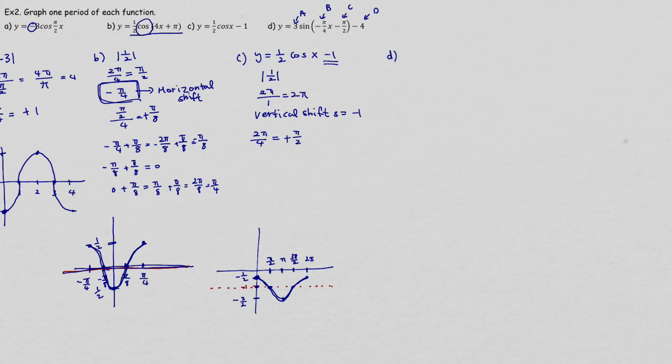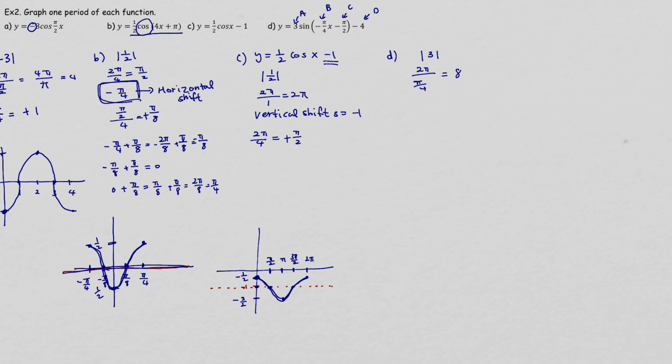Your amplitude is going to be the absolute value of 3. Your period is going to be 2 pi over minus pi over 4, but the period cannot be negative, so let's just use pi over 4, which gives you 8.